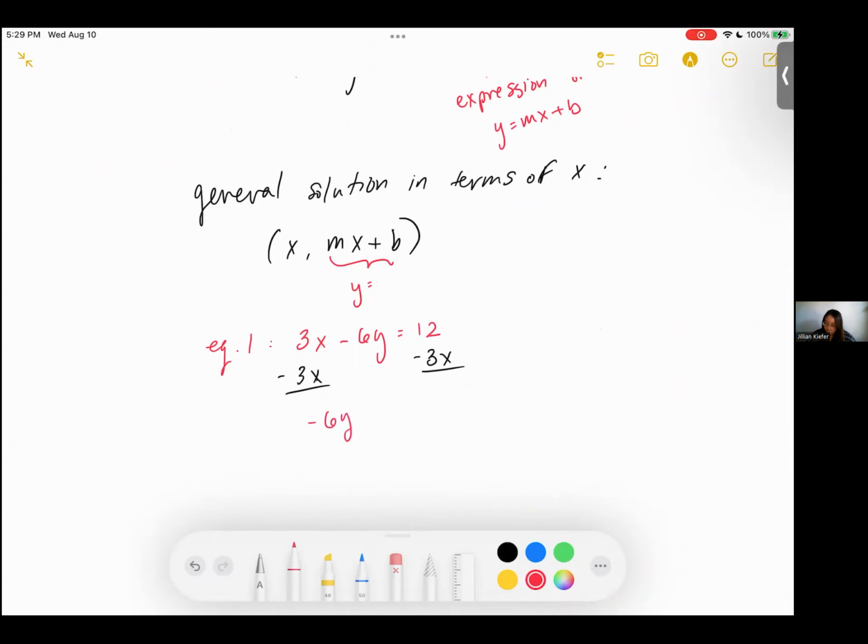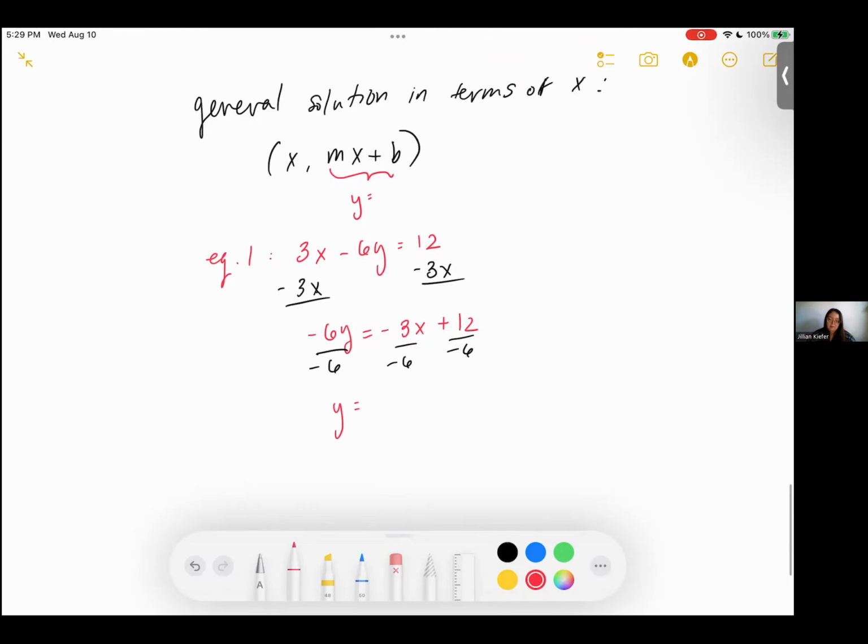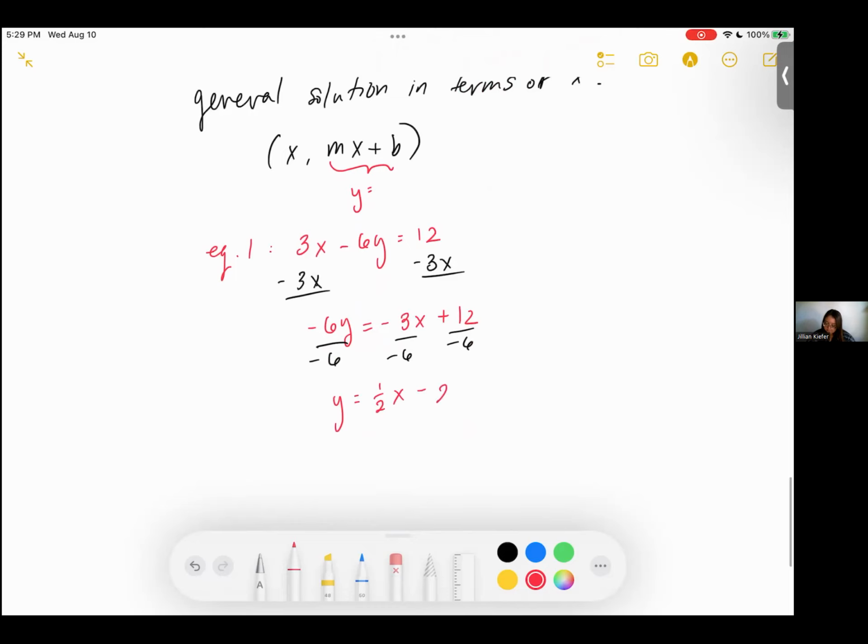This will give us negative 6y is equal, and we want that x term first, so negative 3x plus 12. And we want to solve for y, so we can divide each term by negative 6. Negative 3 divided by negative 6 is 1/2 x. 12 divided by negative 6 is negative 2. So y is equal to 1/2 x minus 2.